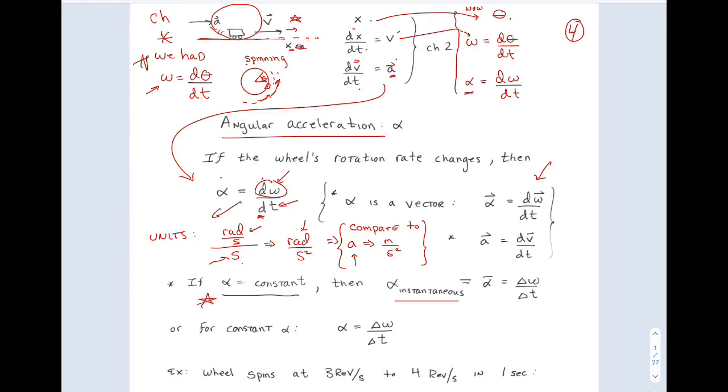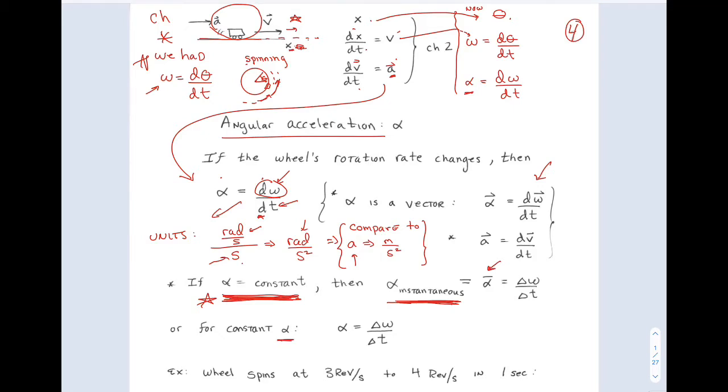So if the angular acceleration is constant, so a wheel is spinning up, or the spin rate is changing at a constant rate, like your tire slowing down at a constant rate when you're slamming on the brakes, then the instantaneous value is the same as the average. So we don't have to write the bar over the alpha.